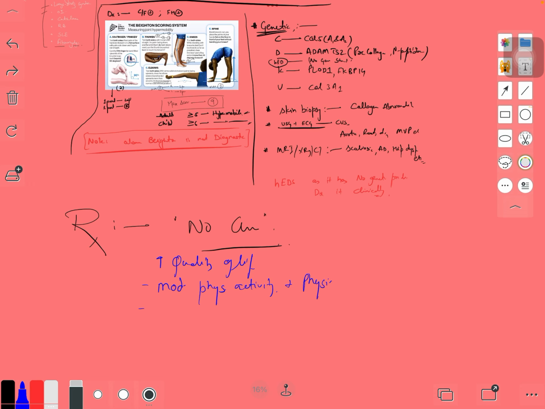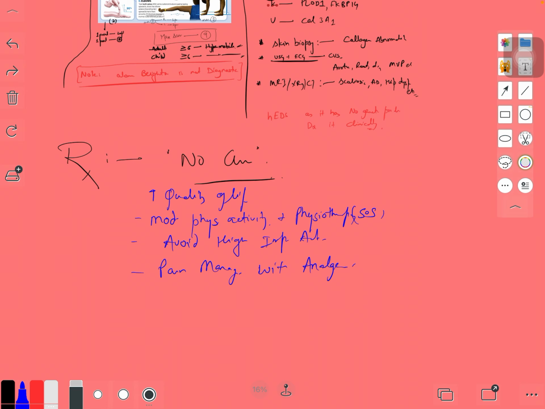Physical activity alongside physiotherapy if needed, right? Now avoid high impact activities. Then pain management can be done with analgesics, right?